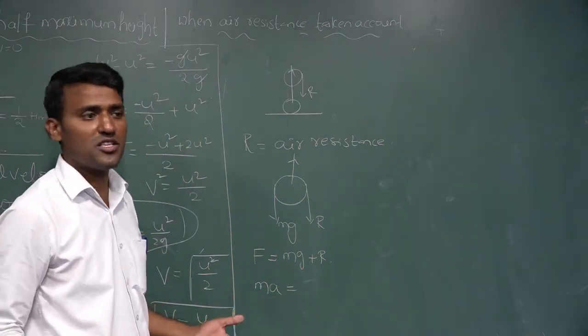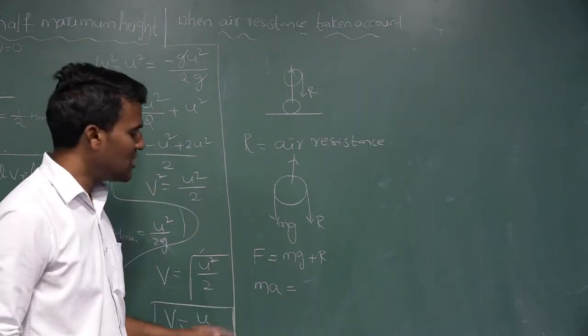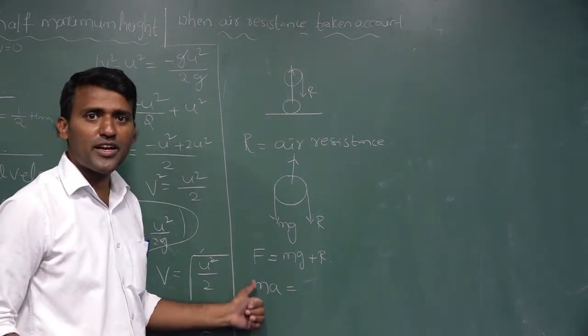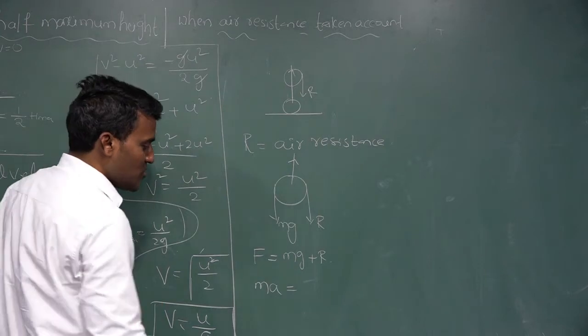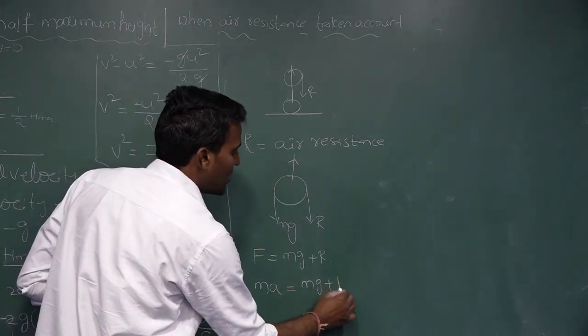You can write g also, but here we write g dash, no problem. So ma is equal to mg plus R.